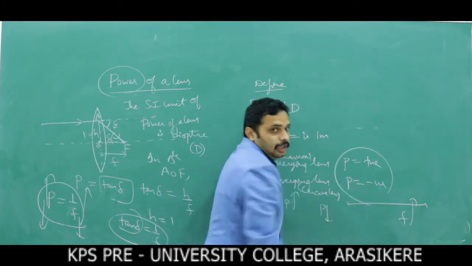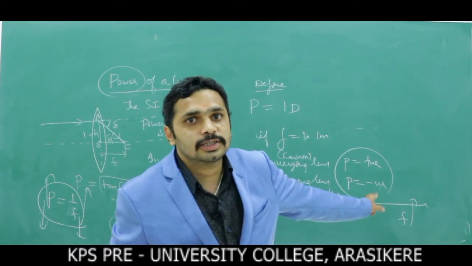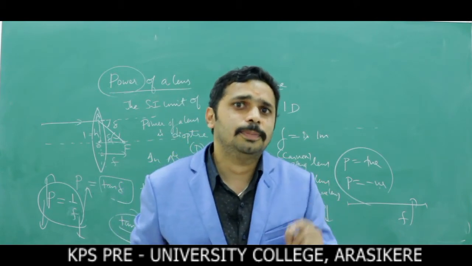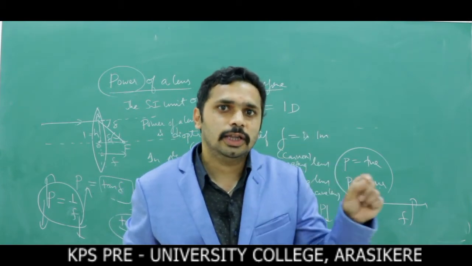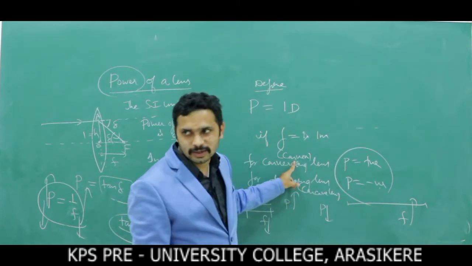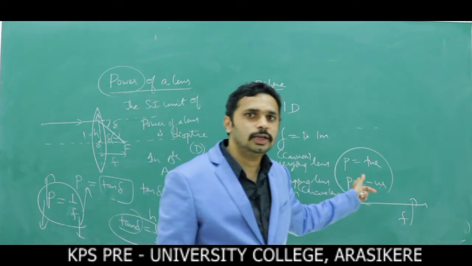So you are using sign conventions. For derivations and numericals, we use sign conventions. Also know that in medical purposes, such as eye defects, they use positive powers. Positive power lens means convex lens, negative power lens means concave lens. That's why we are using power.